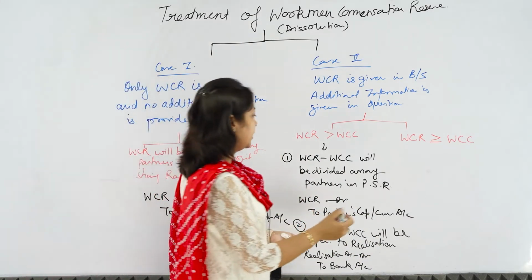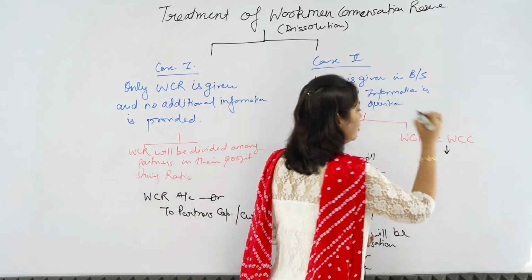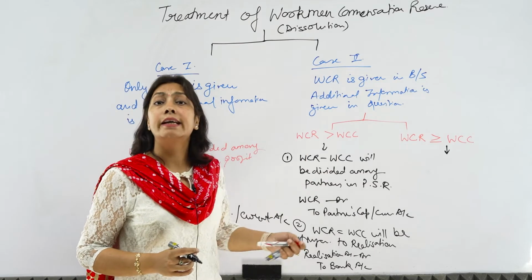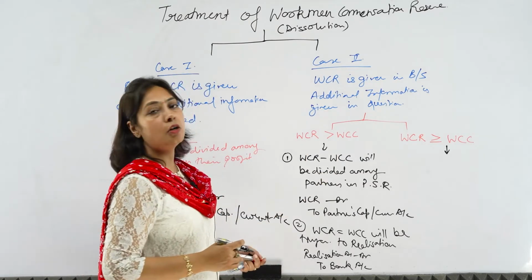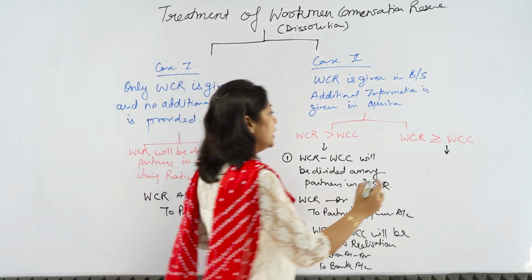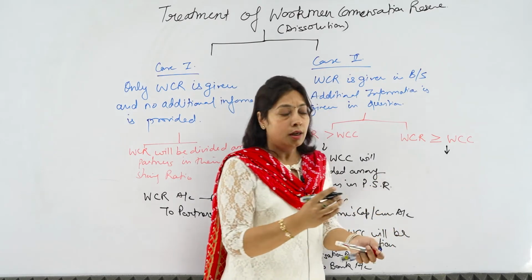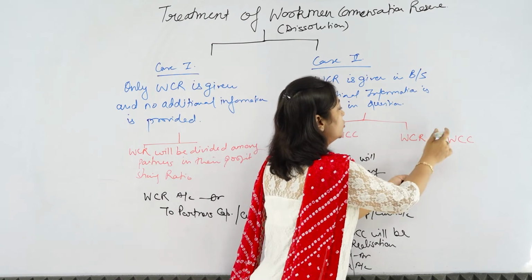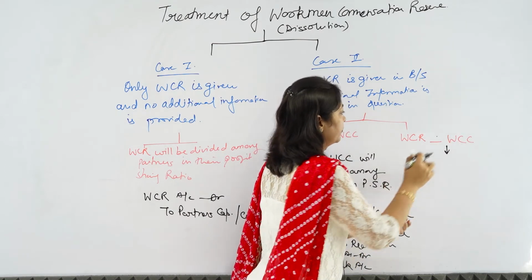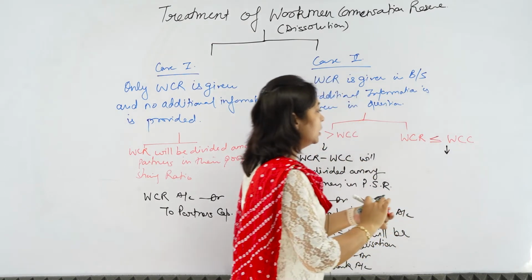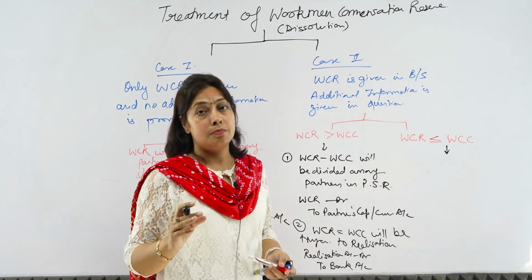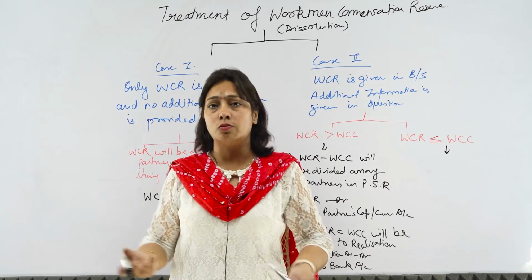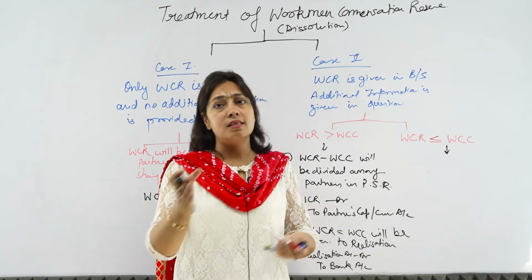Now, one more case, as I have told you, where workmen compensation reserve is less than workmen compensation claim. Got it? Suppose we have only 12,000 in reserve and we have a 15,000 claim. It means the reserve is less than the claim.